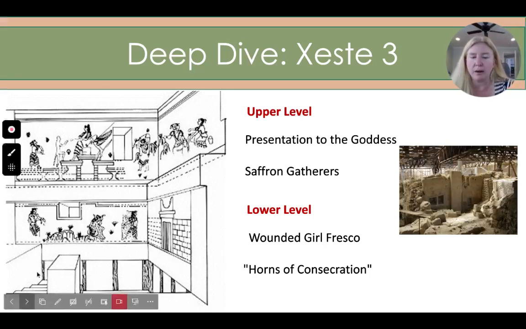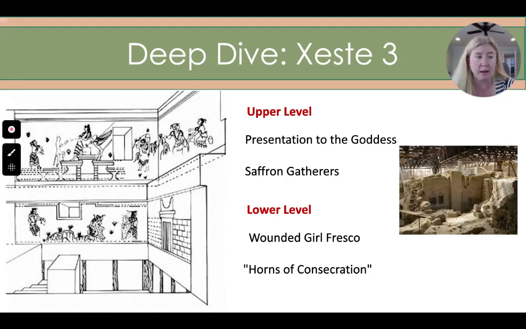If you look at the bottom floor, you have some steps down into a very, very small room. And we know this type of room from other sites on Crete, other Minoan sites. It was originally called a lustral basin. Now sometimes we call it an adyton. What it basically is, it seems to be some sort of small ritual room.